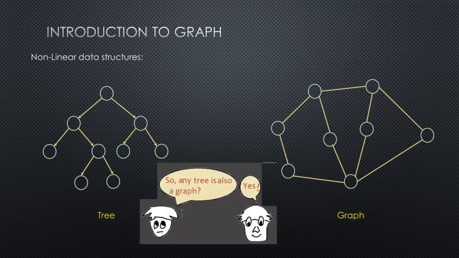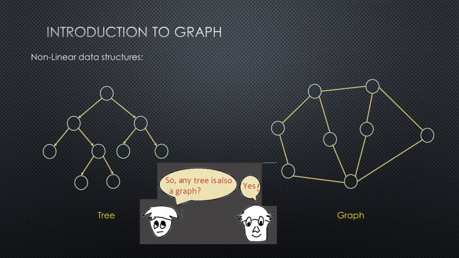A tree is a special kind of graph. Now, graph has been studied extensively in mathematics. In computer science, we basically study and implement the same concept of graph from mathematics. The study of graphs is often referred to as graph theory.